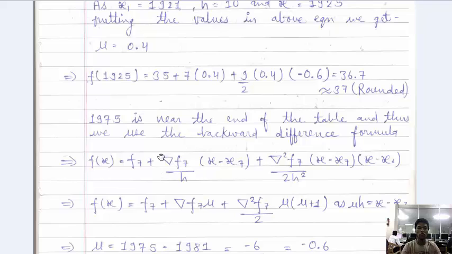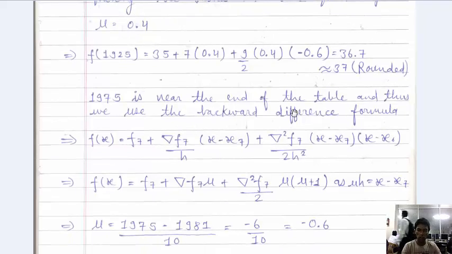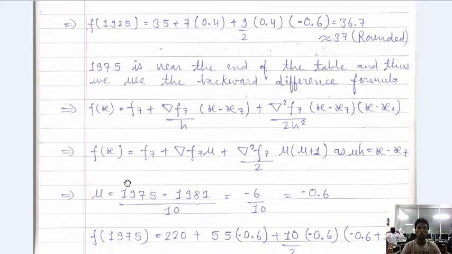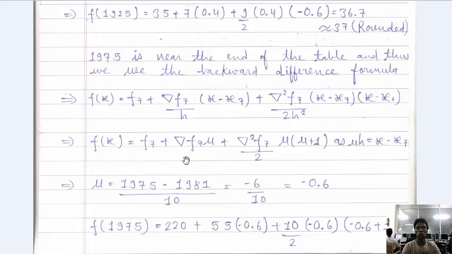1975 is near the end of the table, and thus we use the backward difference formula. Backward difference formula is given here. Putting in the values, we get u is equal to minus 0.6.